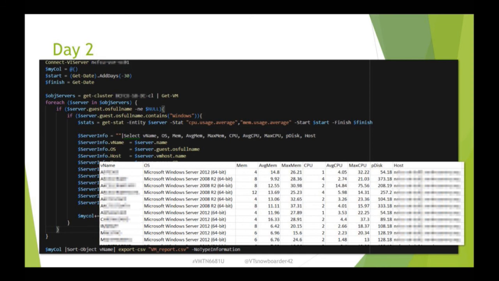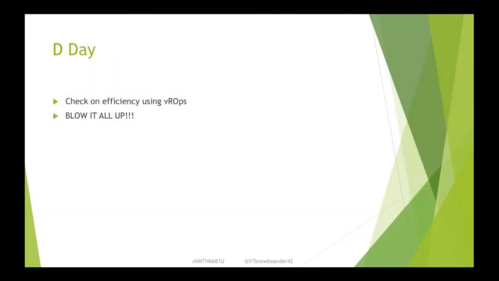Then, coming to D-Day, like this presentation, all things must come to an end. On this last example, we're going to use the module for vROps and pull some different statistics out. If anybody's used vROps, probably the first thing you ever checked was the oversized VM report.